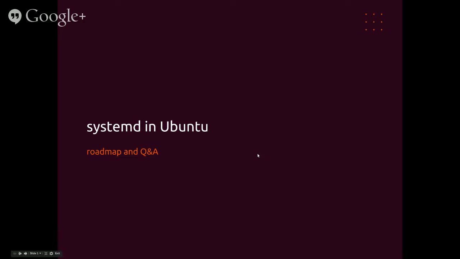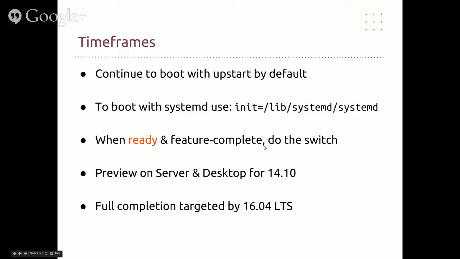Systemd in Ubuntu for 14.10. Shortly after the Trusty cycle finished, we started to plan how we can move all of our products to using systemd by default. So I've prepared a few slides. The time frame is very flexible. We're aiming for 16.04 LTS to have systemd as PID 1 by default across the board.